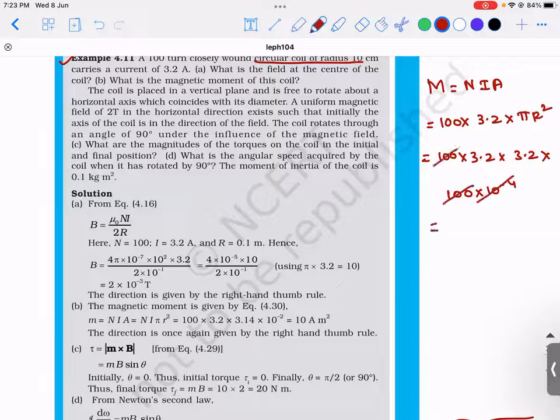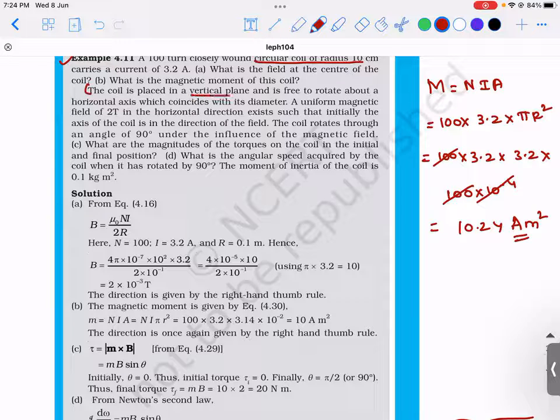So 3.2 into 3.2 is how much? 1024. So 10.24 ampere meter square. Current into area, ampere meter square. Okay. Next.